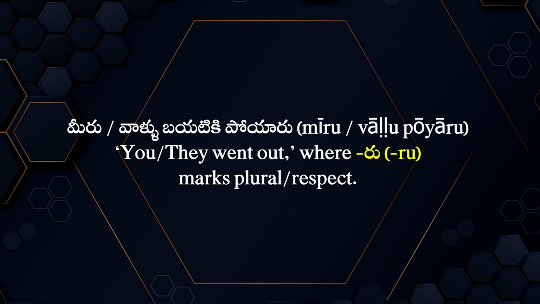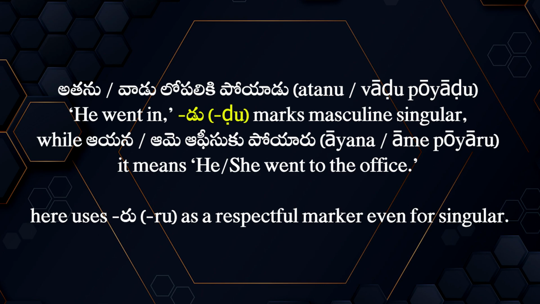Further, మీరు or వాళ్ళు బయటికి పోయారు. You or they went out, where ru marks plural or respect. అతను or వాడు లోపలికి పోయాడు. He went in. Du marks masculine singular, while ఆయన or ఆమె ఆఫీసుకు పోయారు.